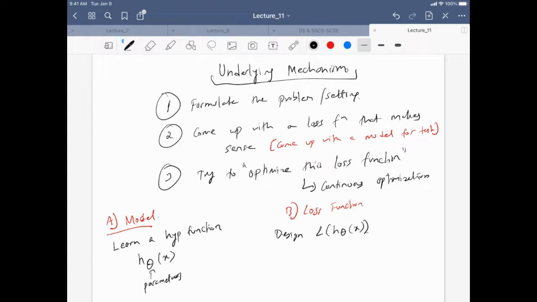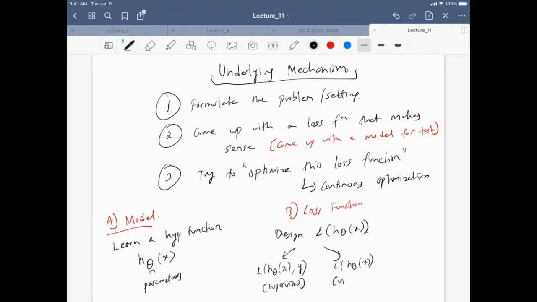This loss could be a supervised loss, a loss function between h theta of x and y. So this is supervised. Or it could be unsupervised, where you just have h theta of x.